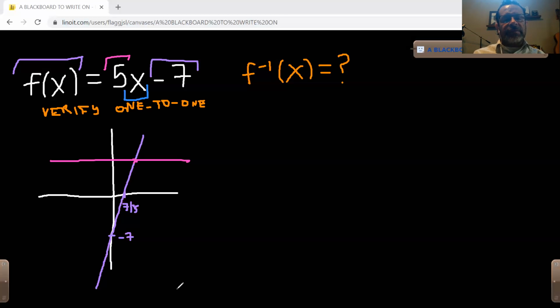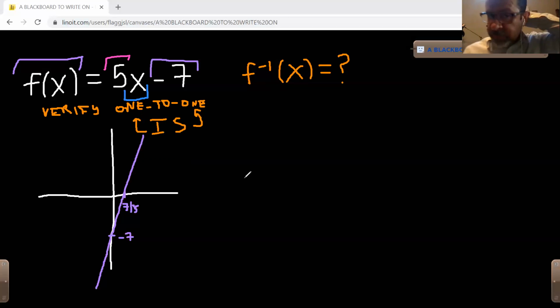So this tells me that it is a one-to-one function. And if it is a one-to-one function, then that means I can find the inverse.